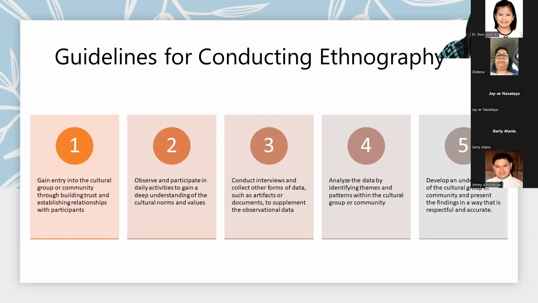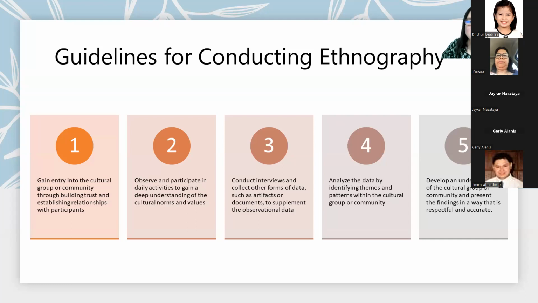Okay, and then of course you have to establish trust because you'll be staying with them. And then you have to observe and participate in the daily activities to gain a deep understanding of the cultural norms and values. Conduct interviews and collect other forms of data such as artifacts or documents. So it would add evidence to your data, not just the interviews, but actual pictures, artifacts.